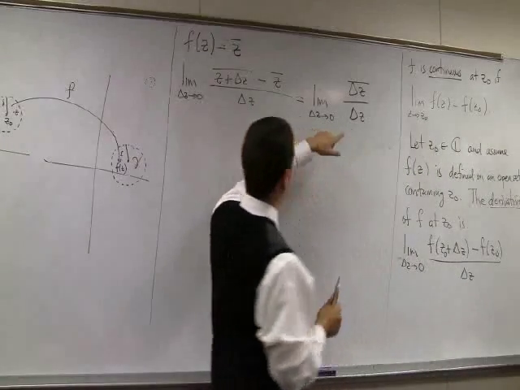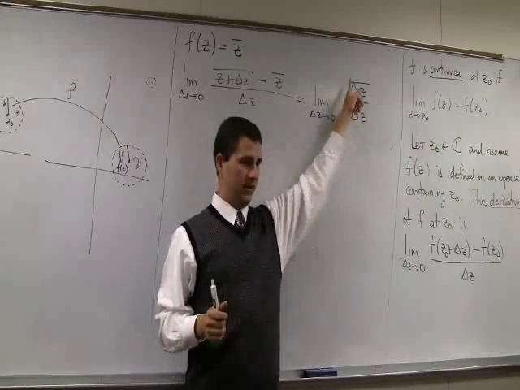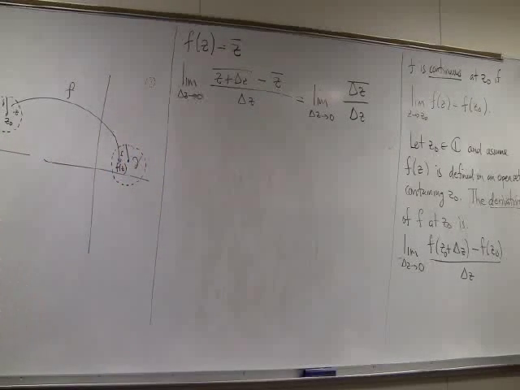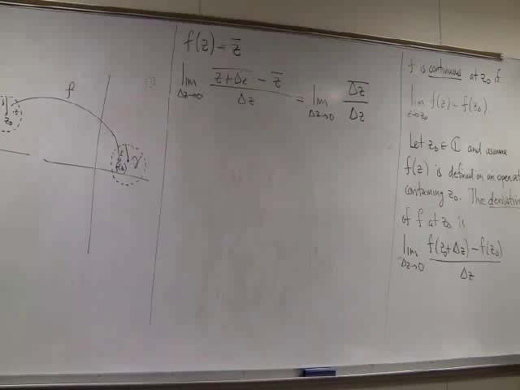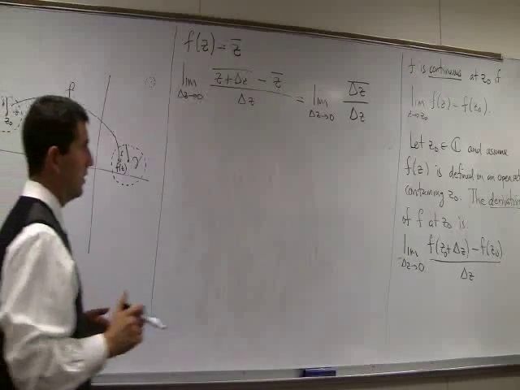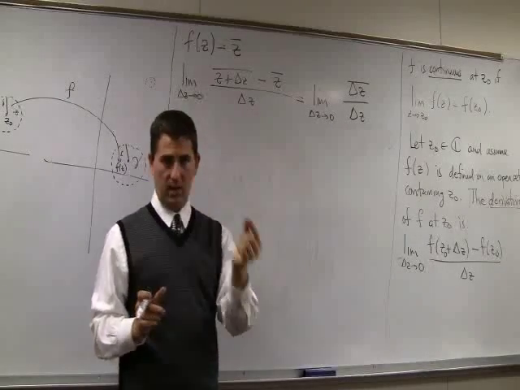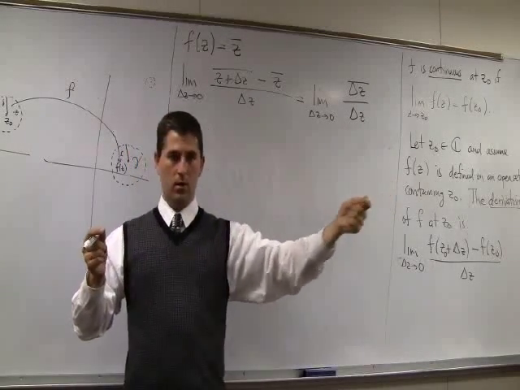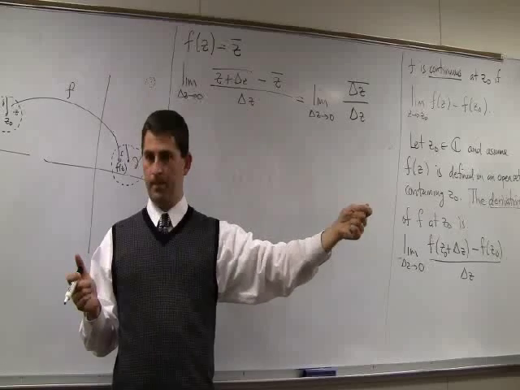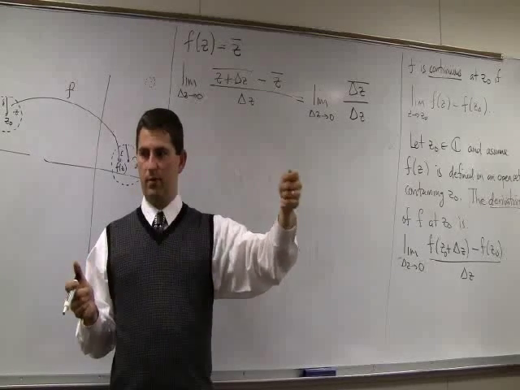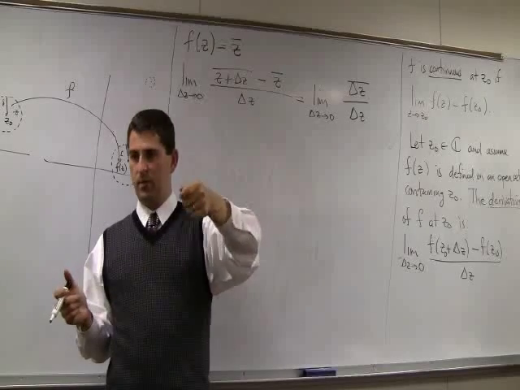Okay, now we have to evaluate this quotient. Delta z, we have a lot of options for how it can go to 0. For instance, what if we just let delta z be some number that's moving along the real axis? So it looks like 5, 4, 3, 2, 1, a half, a fourth, an eighth, a 16th.